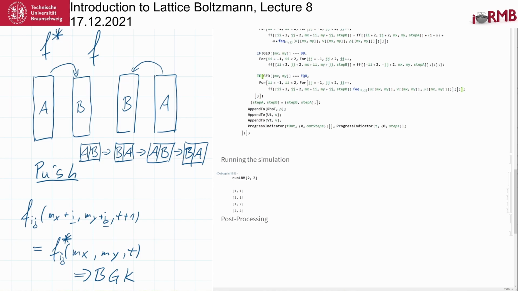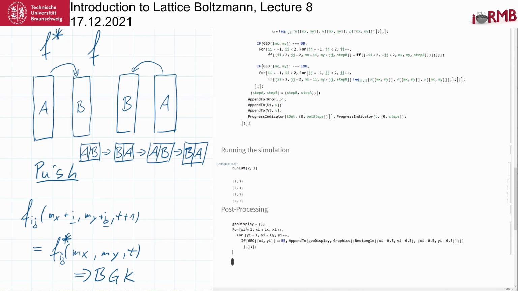Okay, we're doing some post-processing because we are running out of time, and because the post-processing is not so important for the code. I take this from my cheat sheet, and this generates a field of all the nodes where we have bounce back and produces a rectangle there.